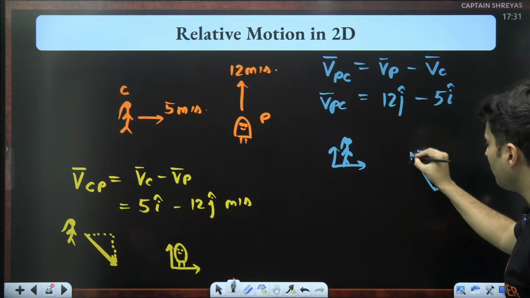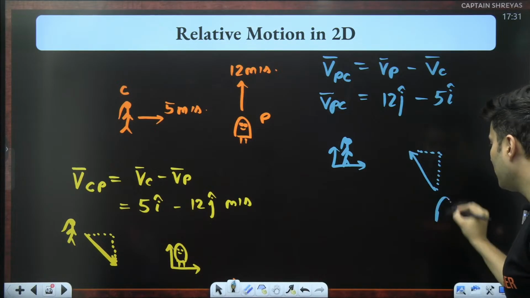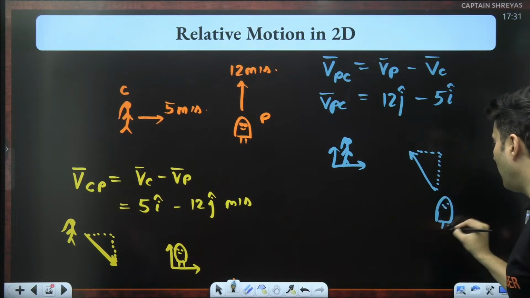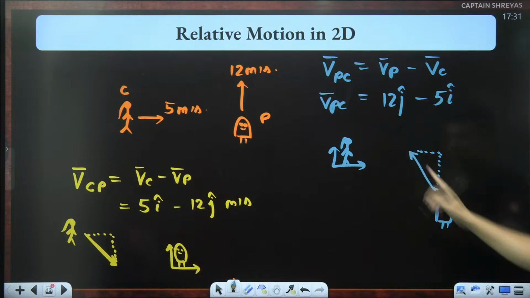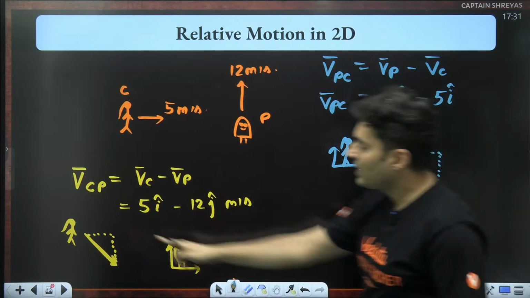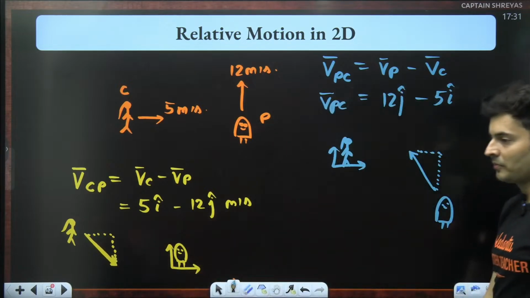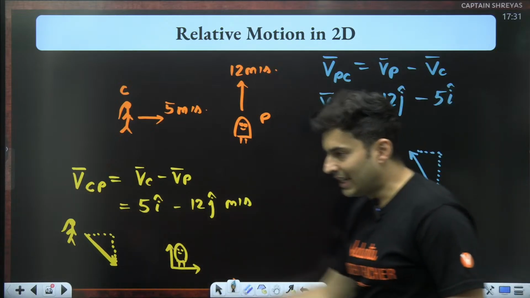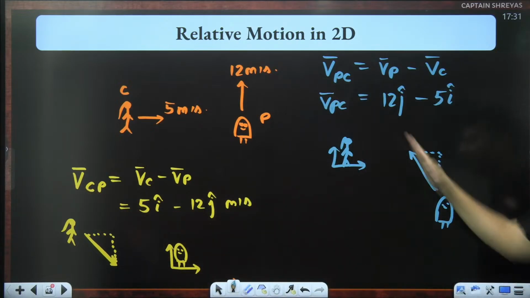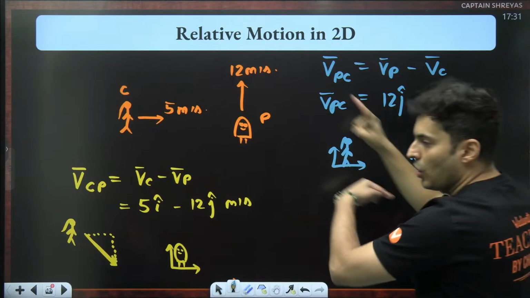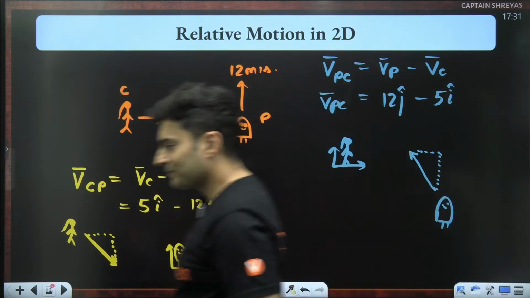That means somewhere here, that is what she will see Pandu doing. You can say this is exactly opposite to this one. Pandu sees Champa coming like this. Champa sees Pandu going like that. Exactly opposites of each other.